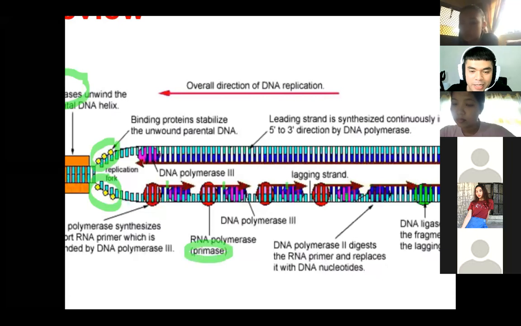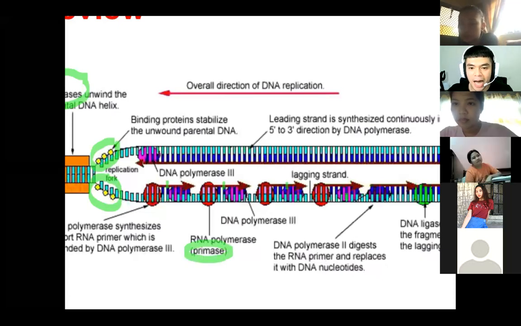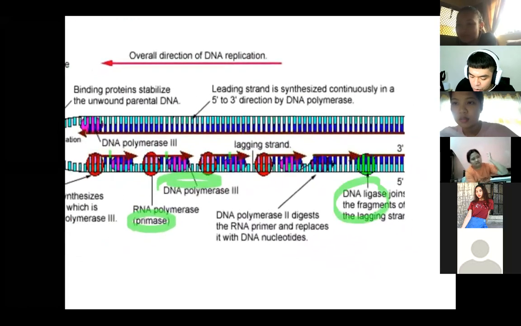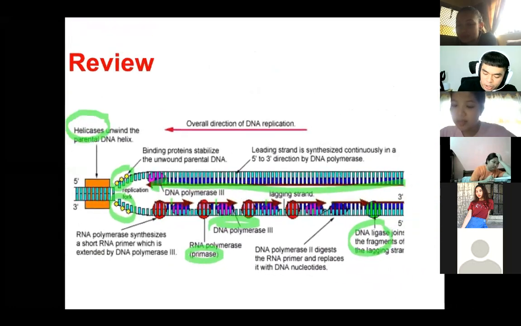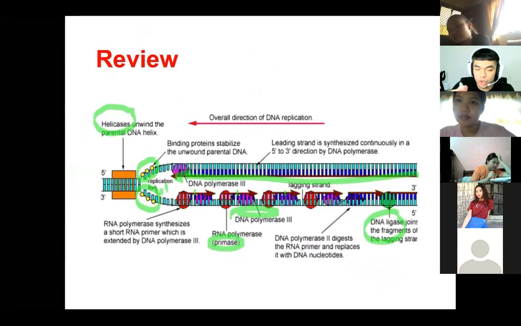Importante ang primase kasi prerequisite siya para ma-activate ang polymerase. And then, meron tayong ligase na nagdudugtong sa mga Okazaki fragments. Yung nasa taas, wala masyadong problema kasi sinusundan lang niya ang galaw ng replication fork. Helicase sa replication fork.